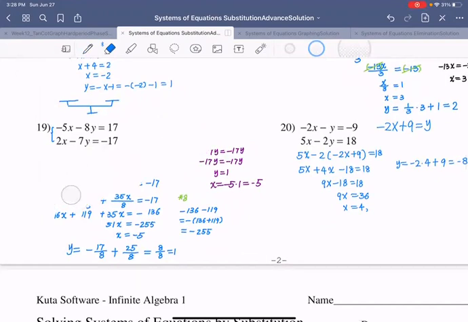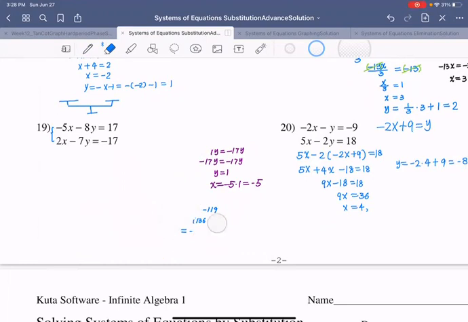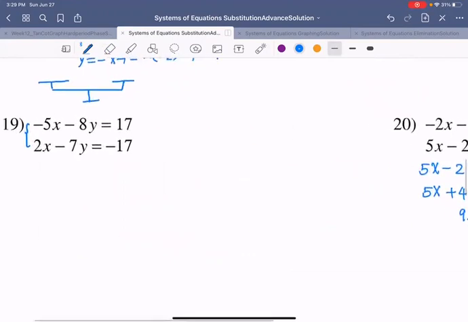Ethan, let's do this one. Number 19. Go ahead. You do 2x is equal to negative 17 plus 7y. Sorry, say one more time, please. 2x equal to negative 17 plus 7y. Okay. Next.